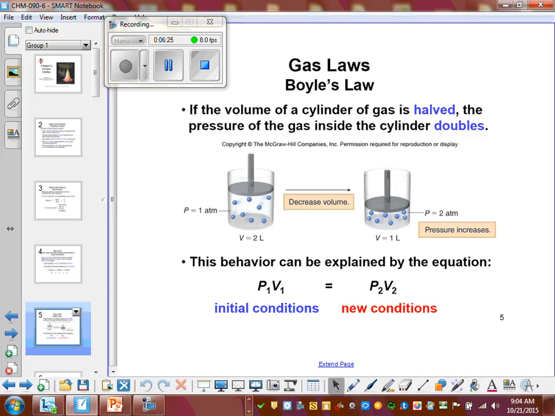So you notice here in this diagram, we have a pressure of 1 atmosphere, a volume of 2 liters. If we increase the pressure to 2 atmospheres, the volume goes down to 1 liter. So P1 V1 is 1 times 2, which is 2. P2 V2 is 2 times 1, which is 2. Okay?